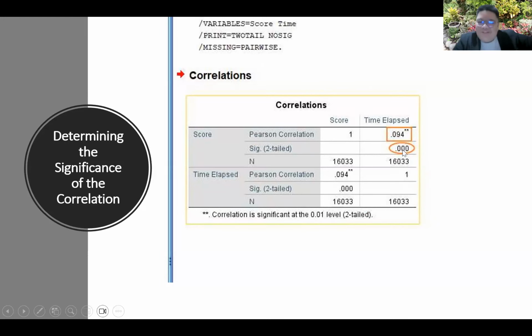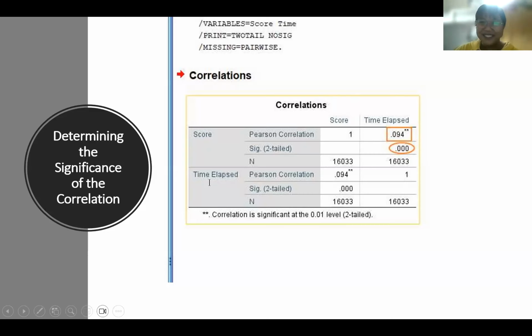Sige nga, Maika, what do you think? Significant, sir. Paano mo nasabi na significant siya, Maika? Because the alpha level is less than the p-value, sir. Baka baliktad. Again. Because the p-value is less than the alpha level.